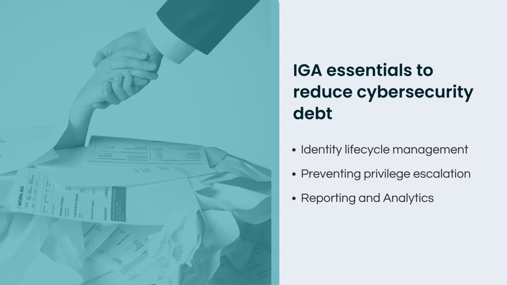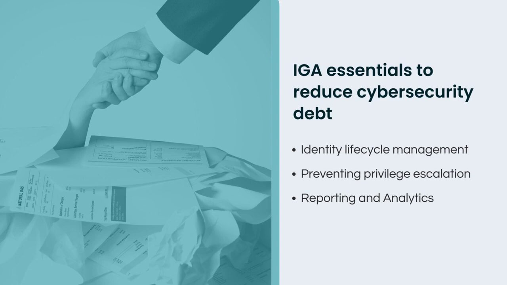Now we've taken a look at what IGA is. We'll discuss a couple of must-haves for your organization. This will actually help you avoid or reduce cybersecurity debt. We've discussed before that one of the key strategies to reduce cybersecurity debt is by establishing an identity-based security strategy.